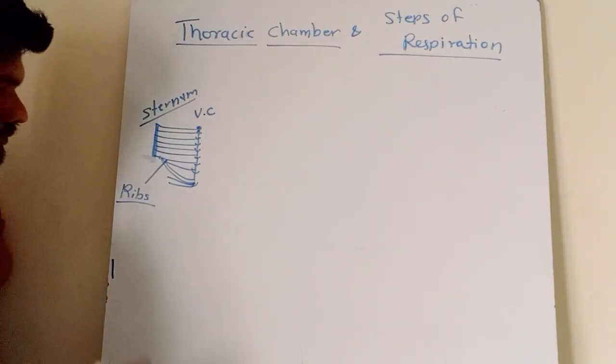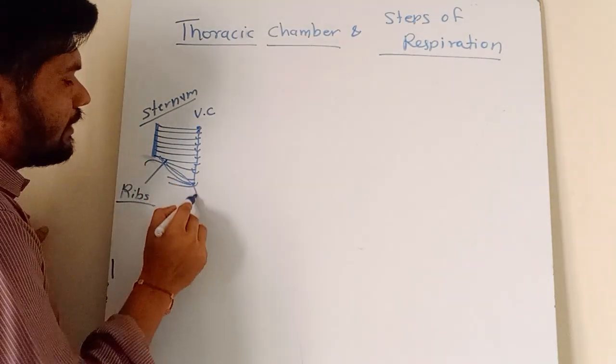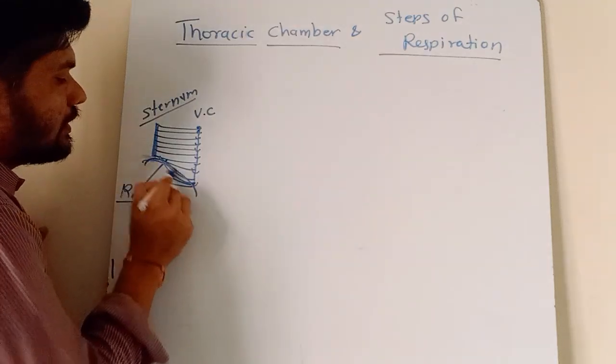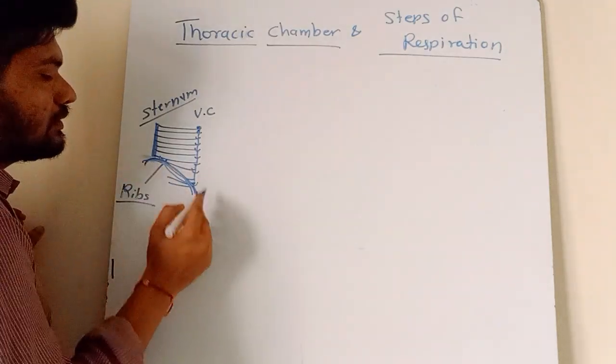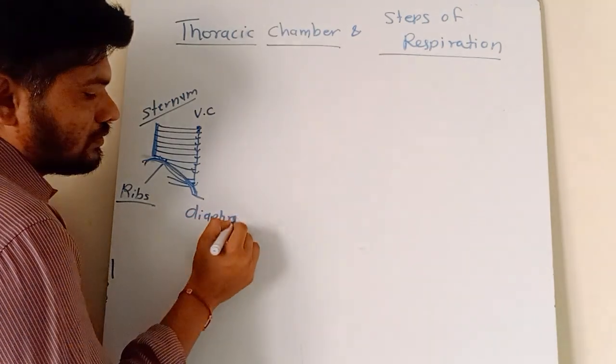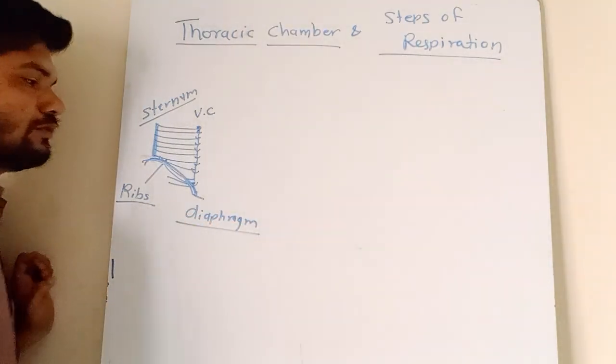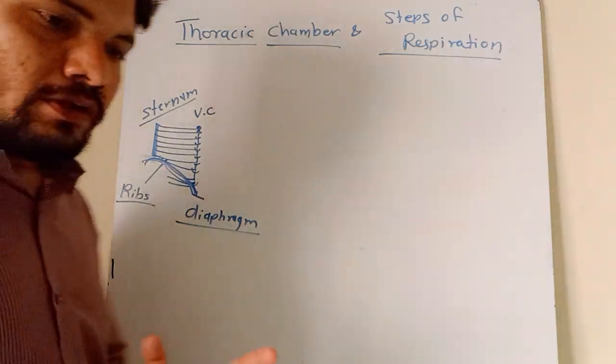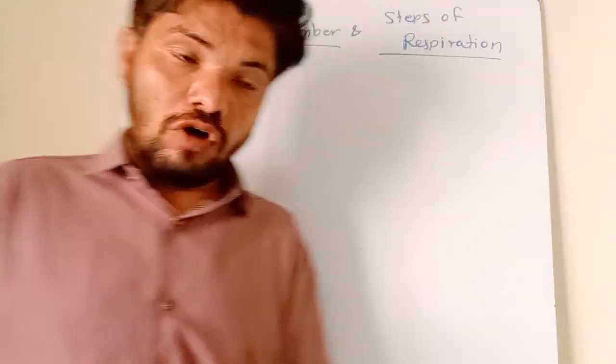So laterally there are ribs present, and from the lower side it is supported by the dome-shaped diaphragm, which is a muscle. So in this way, your thoracic chamber is formed.